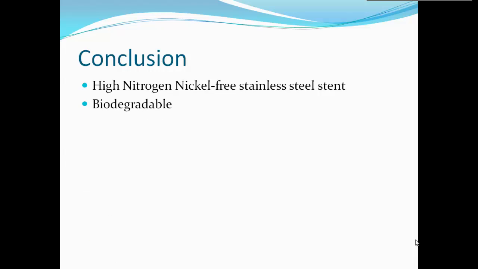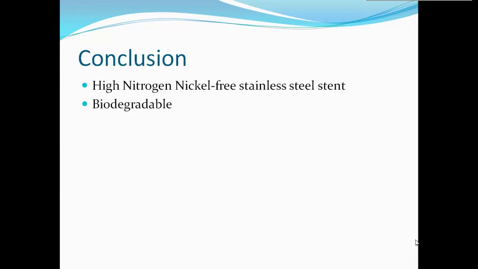In conclusion, the high nitrogen nickel-free stainless steel has excellent mechanical properties, sufficient corrosion resistance, and satisfactory biocompatibility. It could be said that the high nitrogen nickel-free stainless steel stent is a proper way to solve the corrosion of the stent inside the human artery.